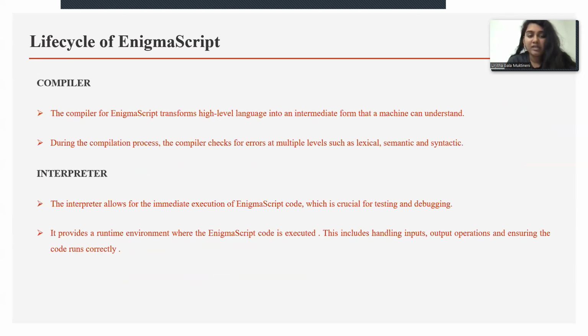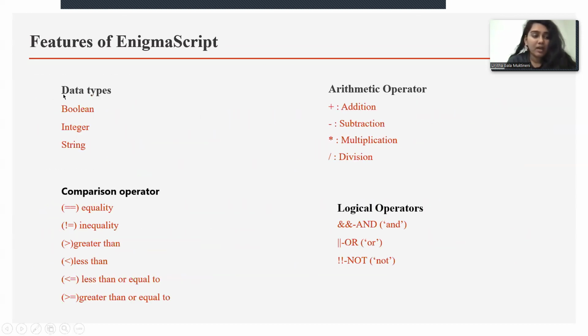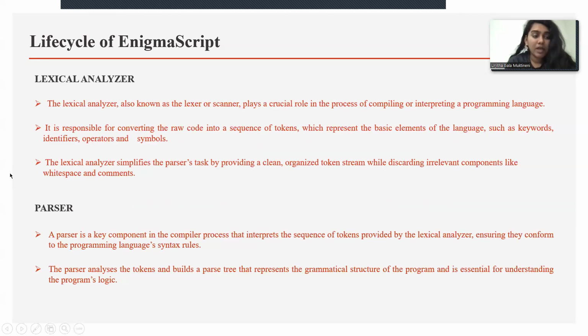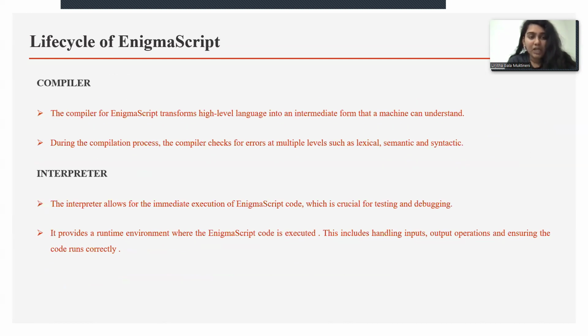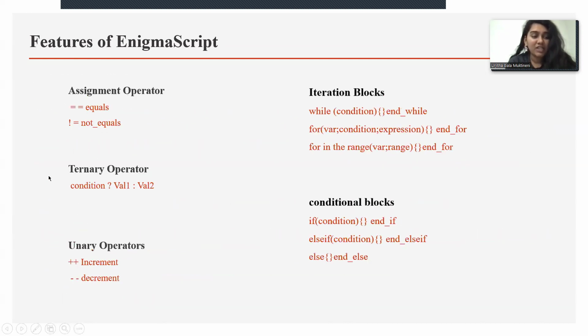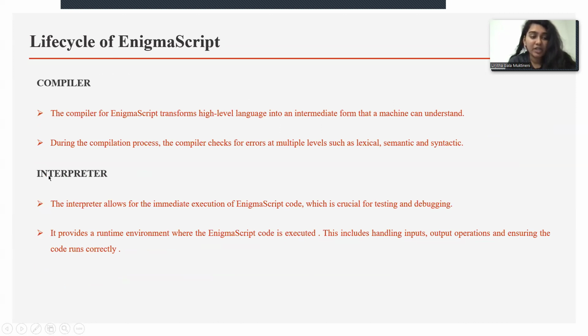Next, the parser. The parser is a key component. It analyzes tokens and builds a parse tree, ensuring the code conforms to the language syntax rules. Coming to the next slide, the compiler. The compiler transforms the high level language into an intermediate form understandable by the machine. During this compilation process, the compiler checks for errors at multiple levels such as lexical, semantic, and syntactic.